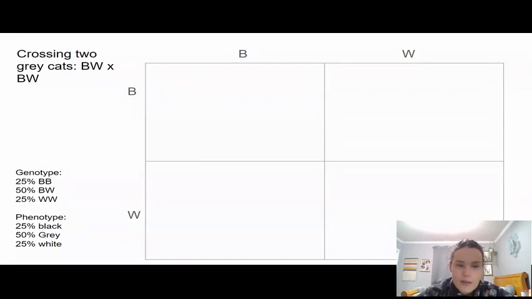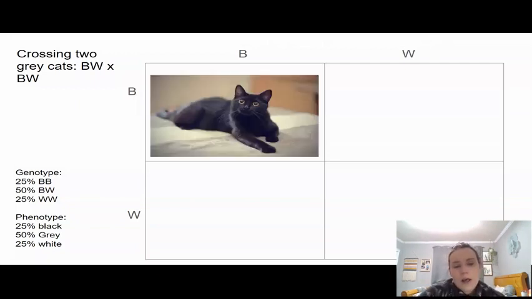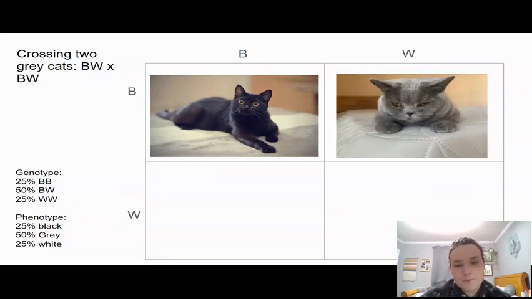If we want to cross two gray cats, like we said before, their alleles are going to be BW and BW. Again, on the top we have BW and BW. Through segregation, the first offspring is going to be a black cat because we're getting that B allele, so their genotype is going to be BB. Next, we're going to have a gray cat with the genotype BW.